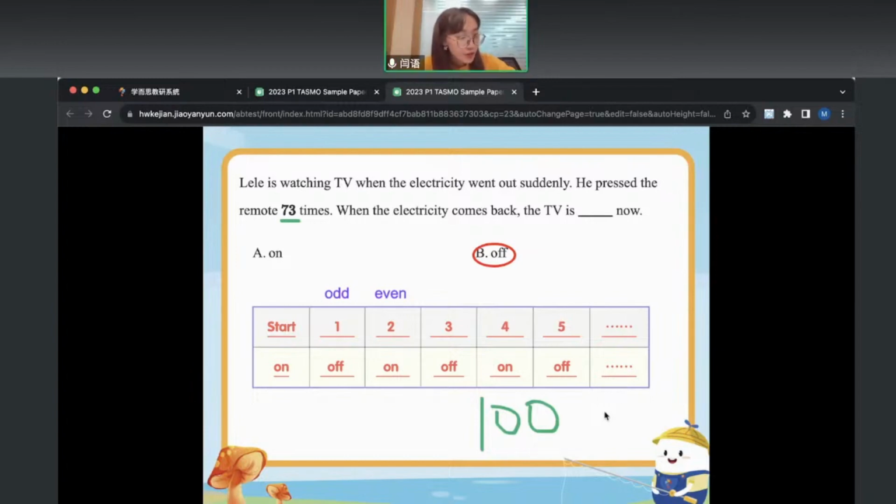Try to figure out the answer. Think about it. 100. Is that an odd number or even number? Yes, exactly. 100. That is a big even number. So as long as it is an even number, the TV is always on. Understand? Okay. Good job.